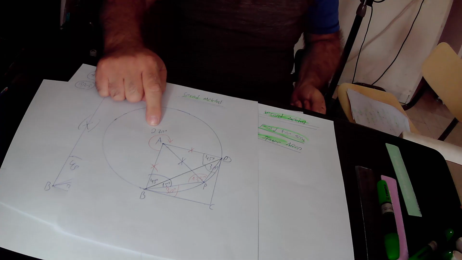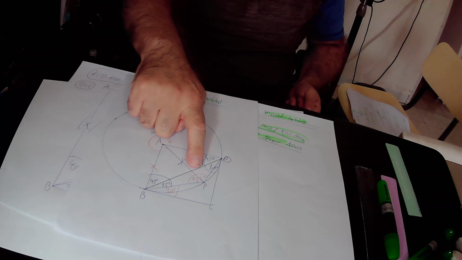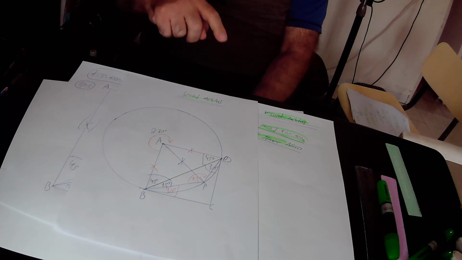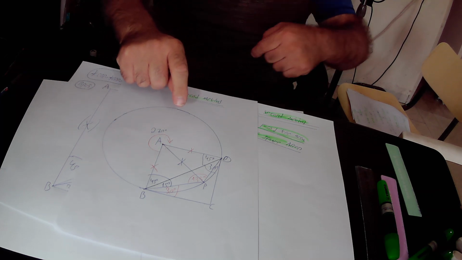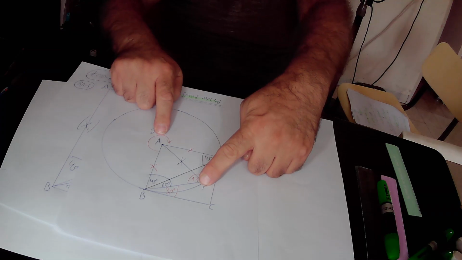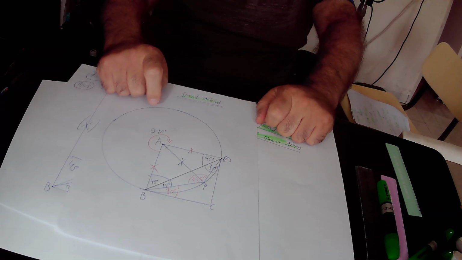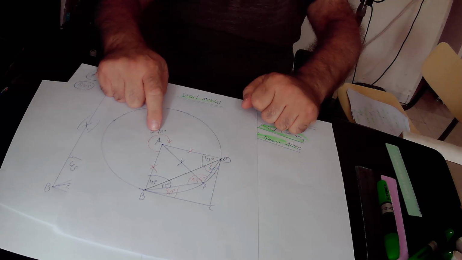So center angle DAB is twice as large as this angle DPB. And therefore, angle DPB obeys rule 13. Why? Because those two angles are both subtended on the same chord DB, and the size of this angle is half of the size of this angle.